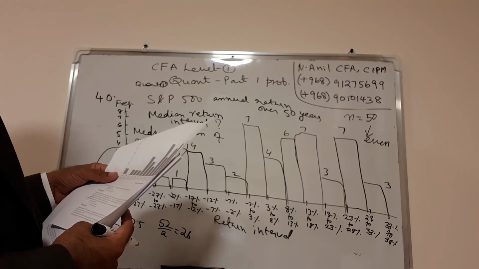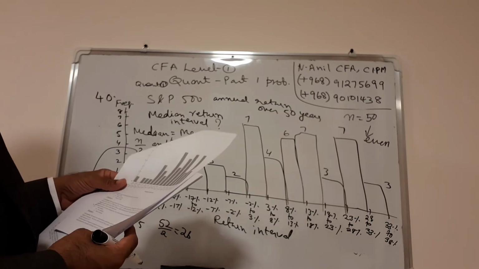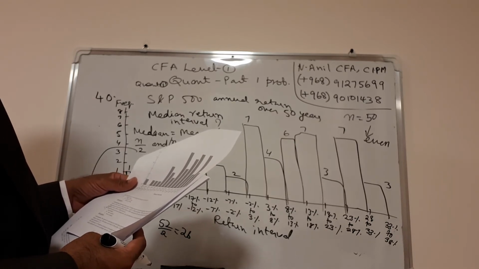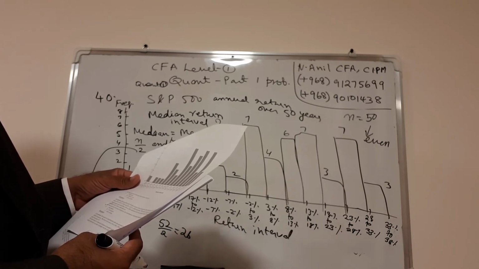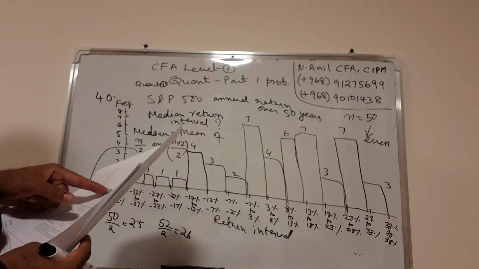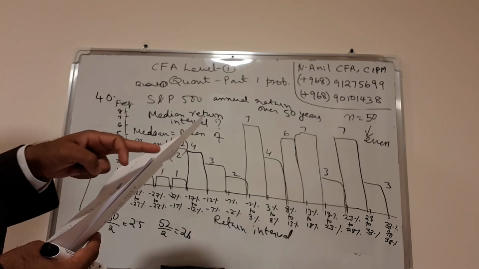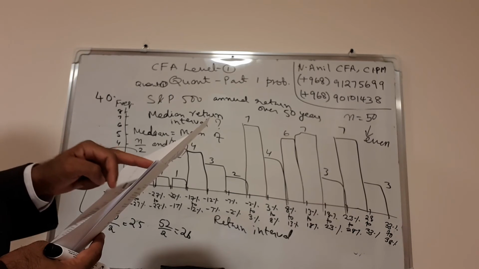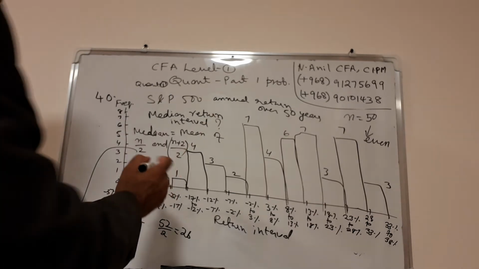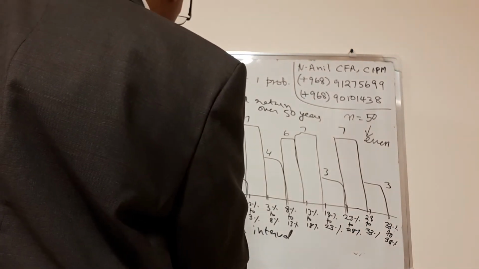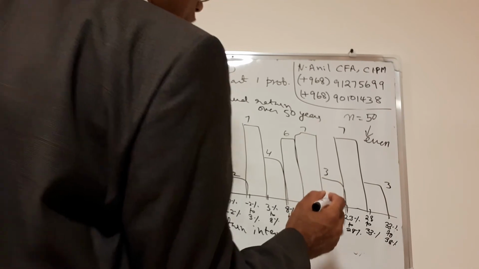So 8, 11, 11 plus 13, 13 plus 7 is 20, and this is 24. So 1, 2, 3, 4, 8, 11, 13, 20, 24.